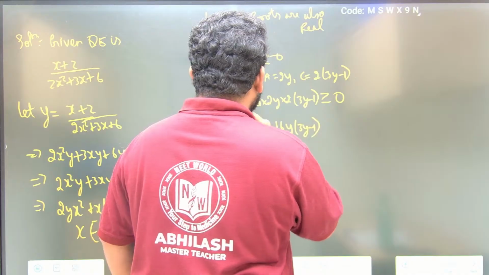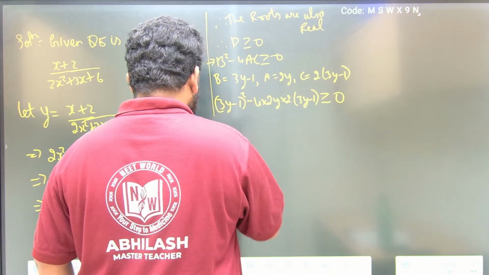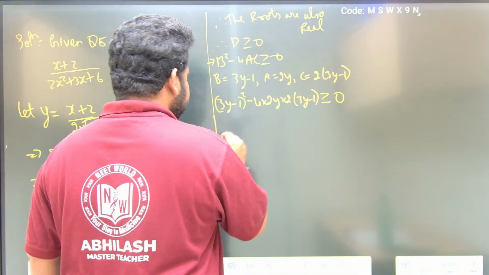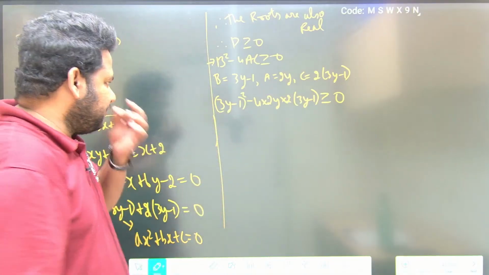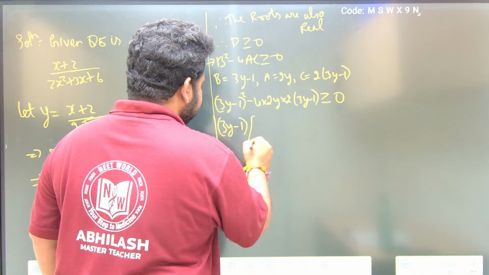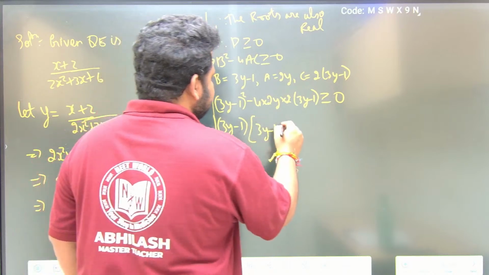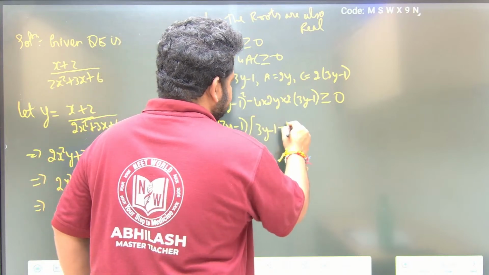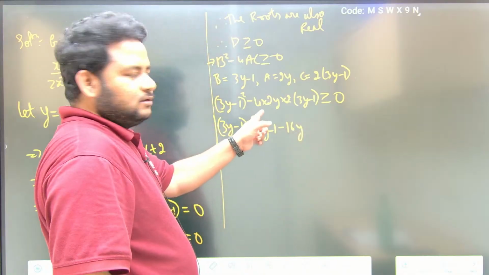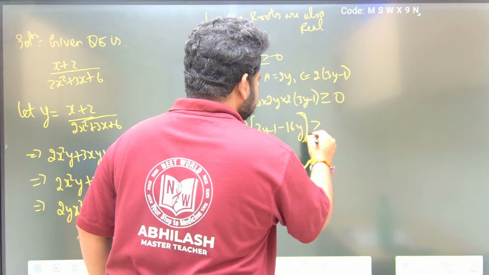3y minus 1, I can take common, right? Let me take 3y minus 1 common. If I take 3y minus 1 common, I will have 3y minus 1 minus 16y, since 4 twos are 8, 8 twos are 16y. This is greater than or equal to 0.